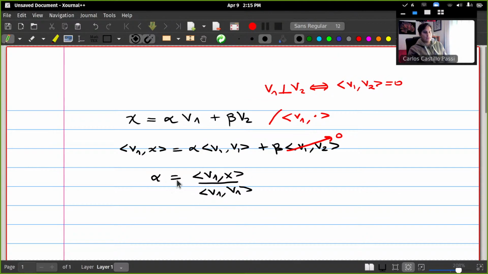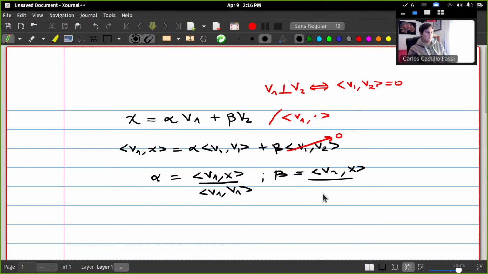The good thing about this is that, one, we can easily get the coefficients that go along with the basis vectors. But another thing is that the coefficient does not depend on the other vectors in the basis, just this first one. For beta, you have the same, but instead of v1, we would need to do the inner product between the expression and v2.